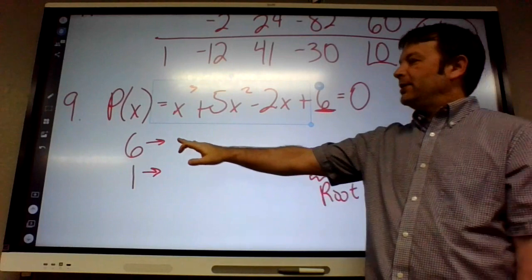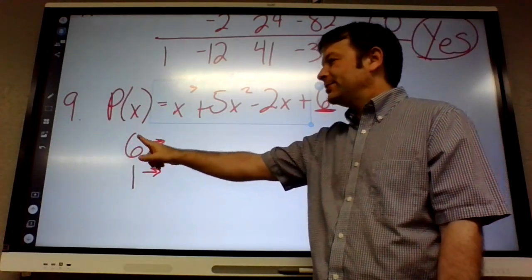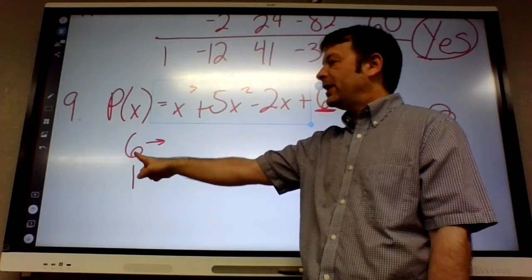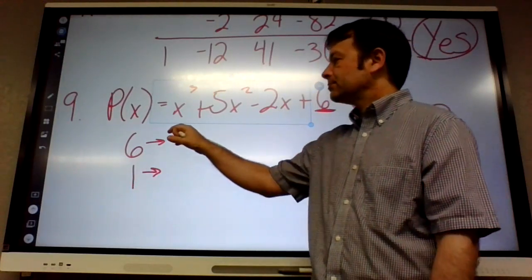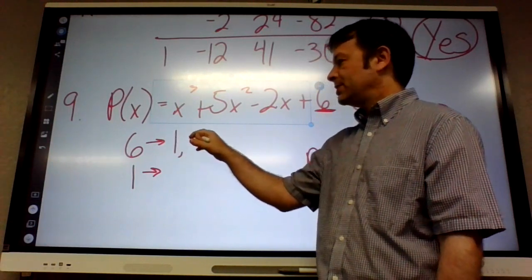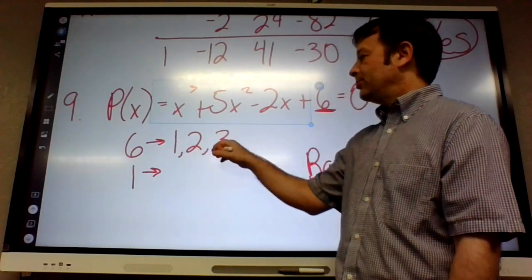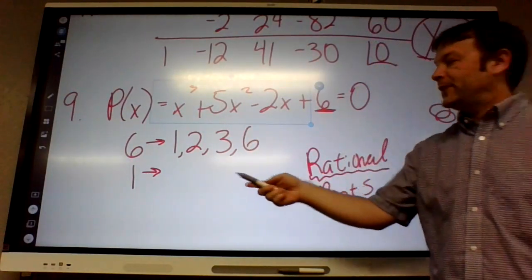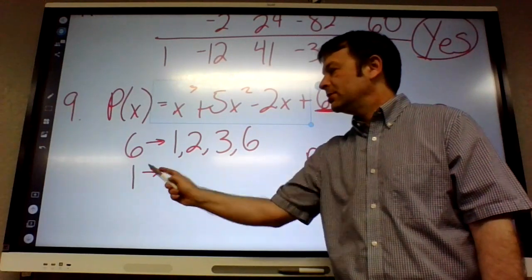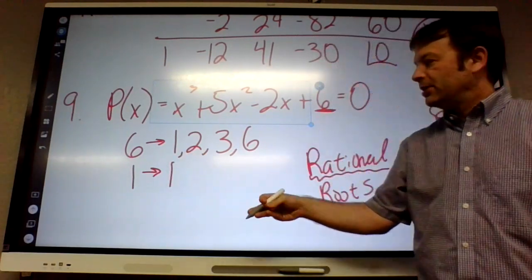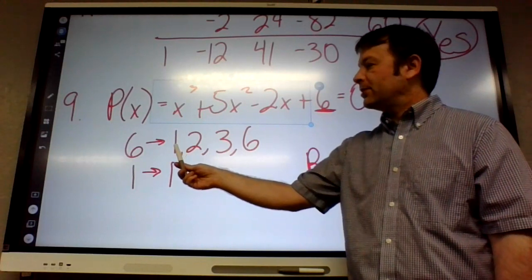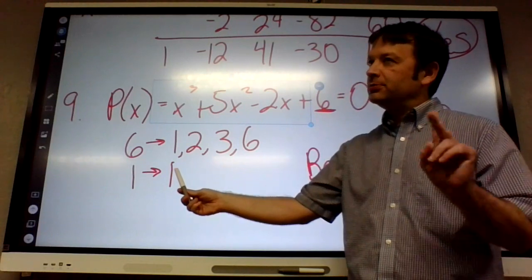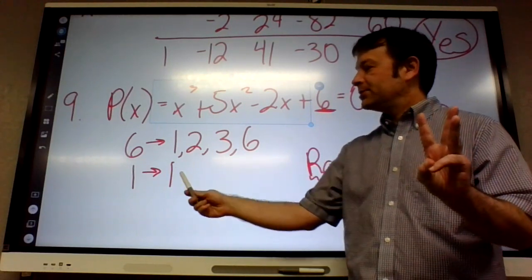The possible answers are factors of 6 over factors of 1. What are the factors of 6? 1, 2, 3, and 6. The order doesn't really matter, but I'll write it in order. What are the factors of 1? Just 1. That's good news. So the possible rational roots are 1 over 1, which is 1, 2 over 1, which is 2, 3 over 1, and 6 over 1, which is 6.